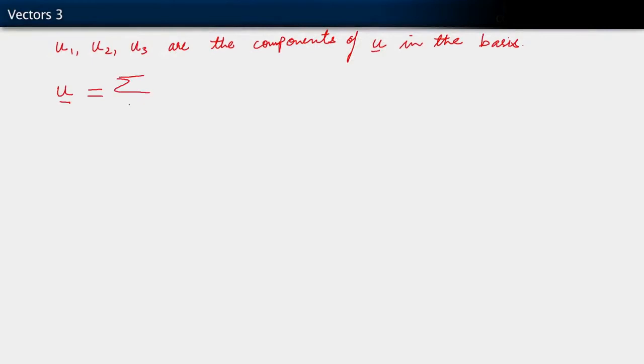Observe that we could write u as a sum over i going from 1 to 3, because we're in 3 dimensions, of u_i e_i. This would work, except that it's not so convenient because we have this summation symbol here, which is a little clunky looking.